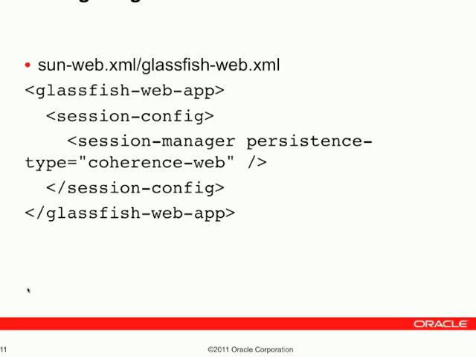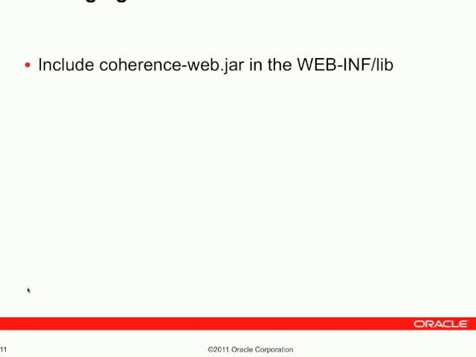In there, you define an XML fragment which enables Coherence Web by telling the session manager that the persistence type is Coherence Web. Once you do this, it'll look in the class path for the coherence-web.jar file. And so the simplest mechanism is to provide the coherence-web.jar in the WEB-INF/lib directory of your WAR file. So this is the other step.